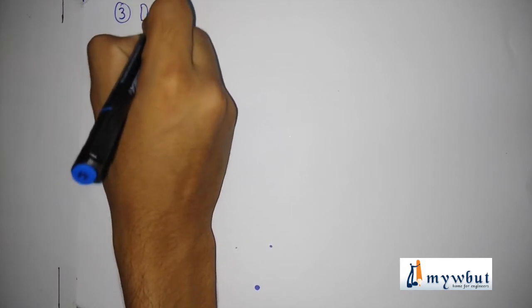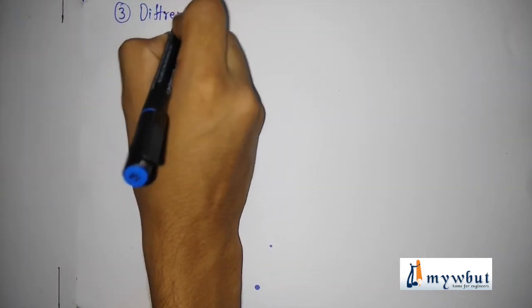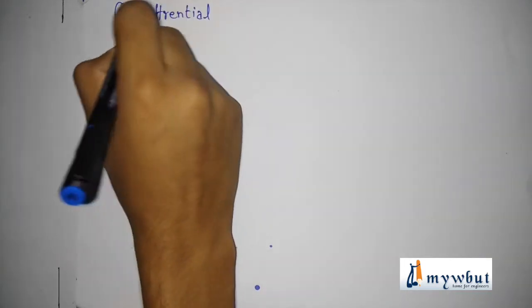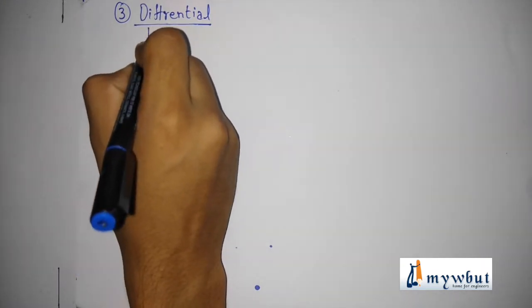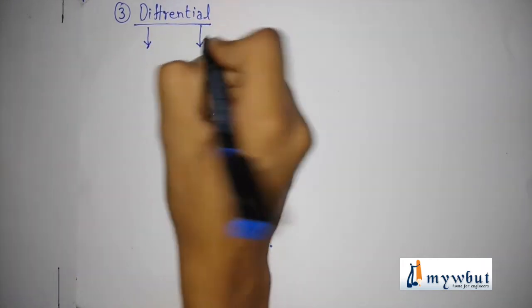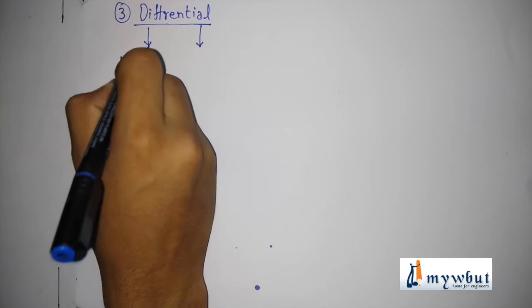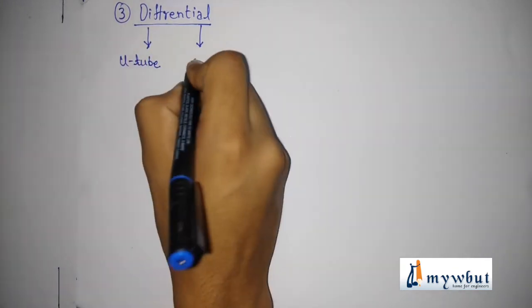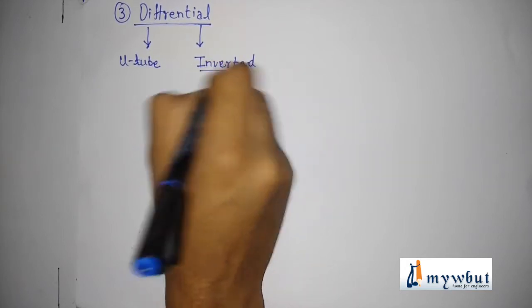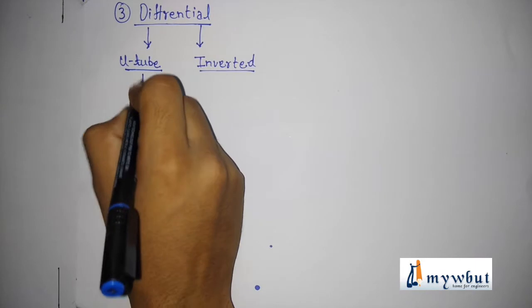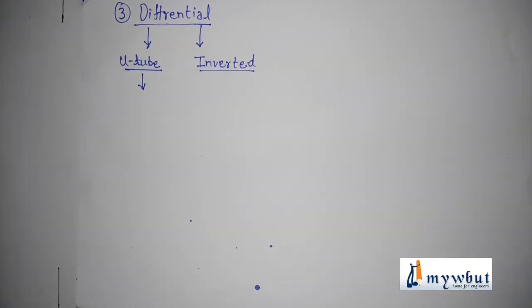Now the next type of manometer is number 3, differential manometer. Differential manometer is also classified in general into two types: U-tube differential manometer and inverted differential manometer. U-tube differential manometer is very much similar to the simple U-tube manometer.